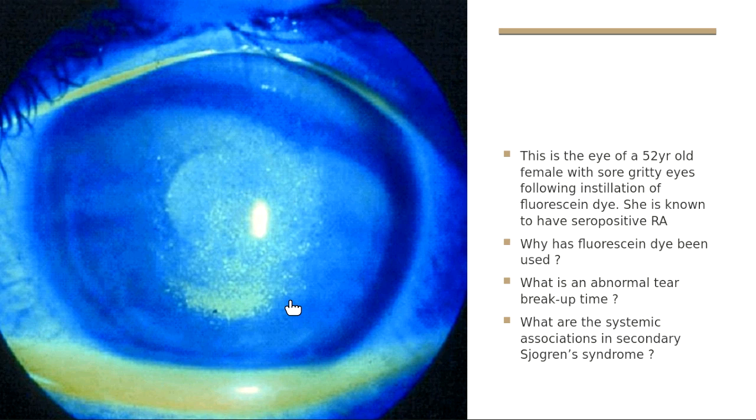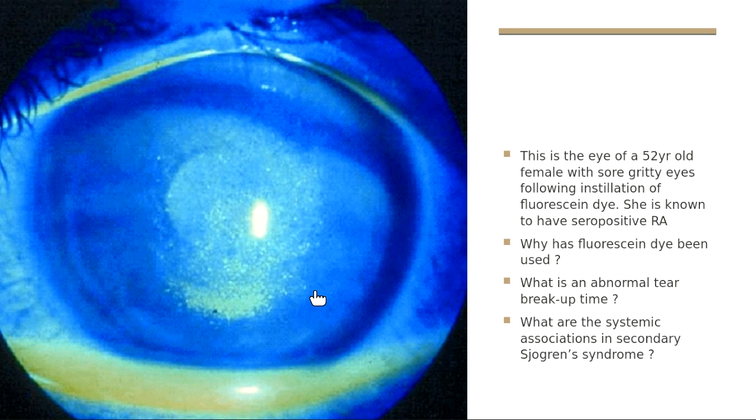But this is what we call punctate staining or punctate epitheliopathy, and this is found in patients with very dry eyes. Anybody know what the normal tear breakup time is? You probably don't know that yet.